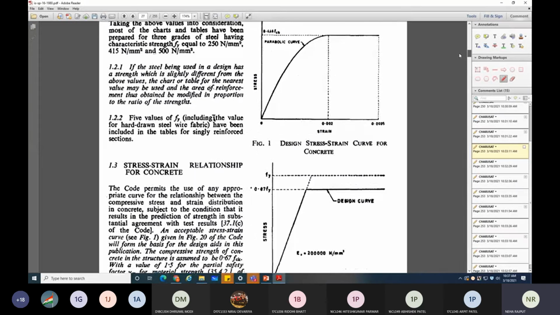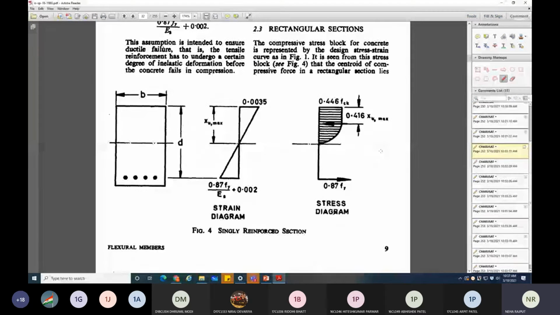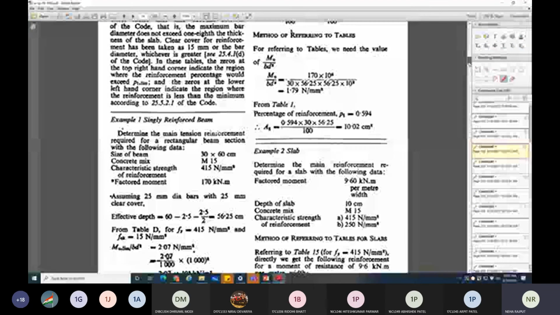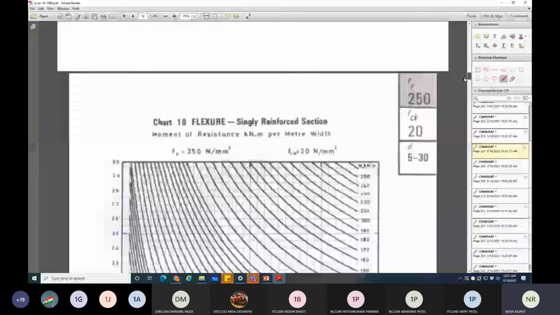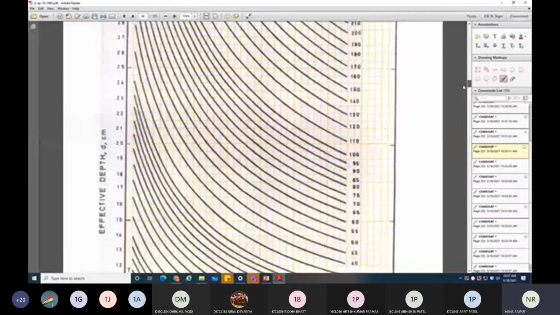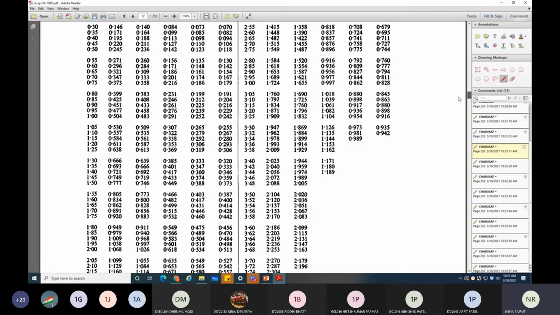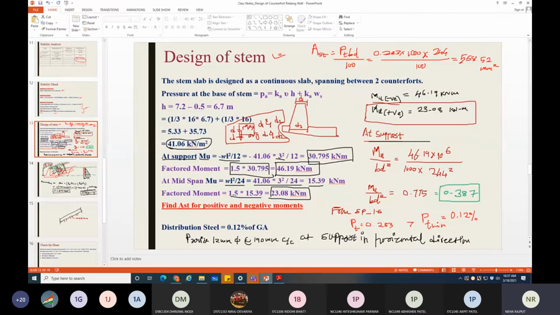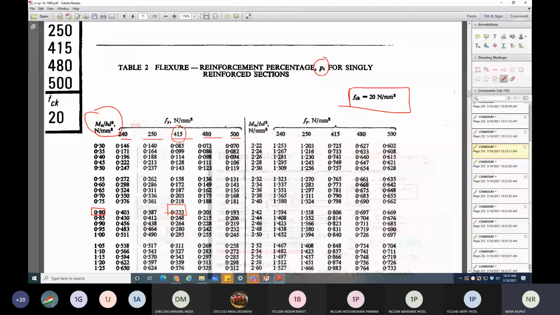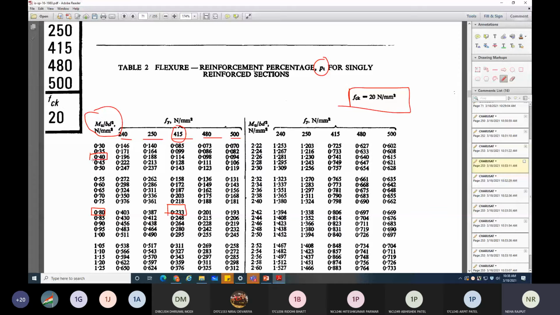So here, table number, M20. Now your Mu upon bd square is 0.387. That means you can consider this 0.40.